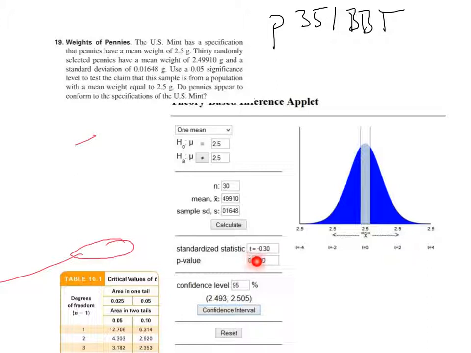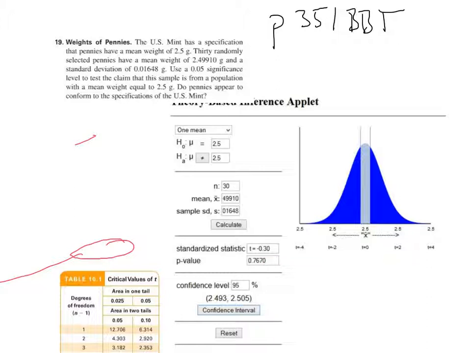In fact, it's far, far greater. Another way to think about the p-value is that it's the probability that we're wrong if we reject H0, and that's a very large probability of being wrong. So we would not reject H0, which means the same conclusion as before, that the pennies do conform to the specifications. So you can either look at critical values of t or look at the p-values. My preferred method is the p-value, especially since the software tells us that.